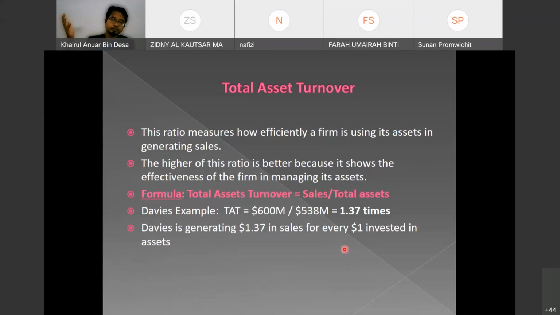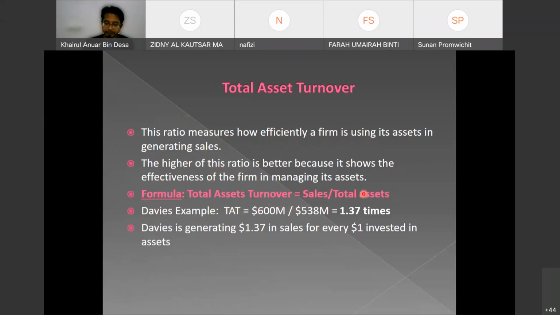Now is the combination between current asset and fixed asset. Campur kedua-dua sekali. Bagus atau tak bagus? Tujuannya sama, to measure how effective, how efficient this company use asset in generate sales. So higher is better. Sales over total asset.